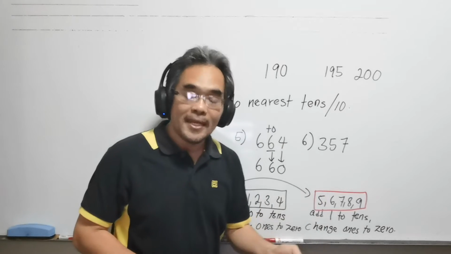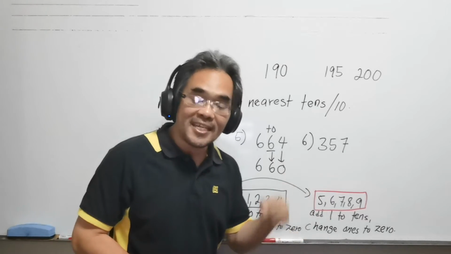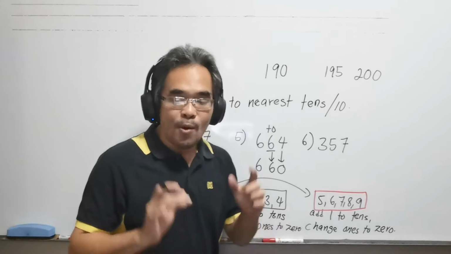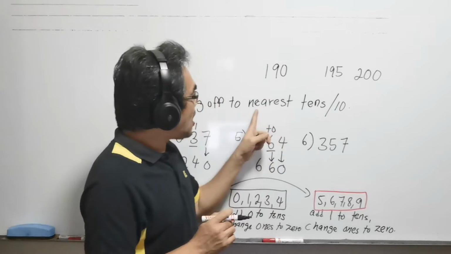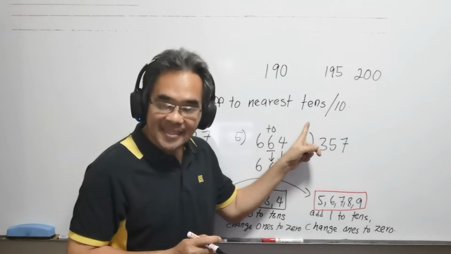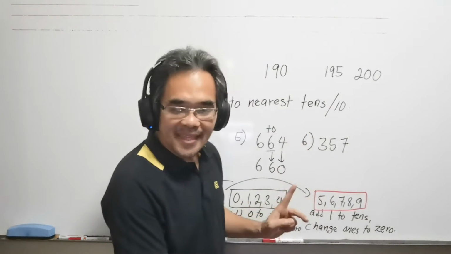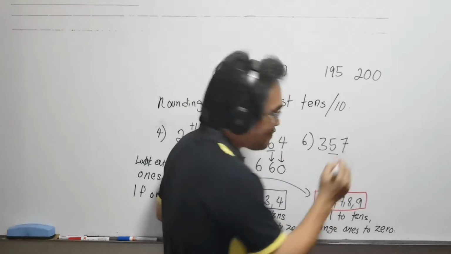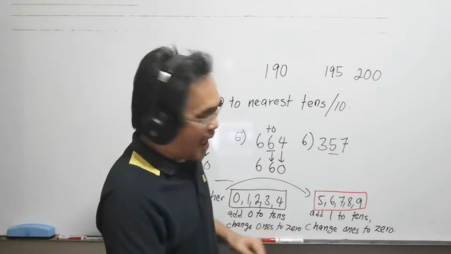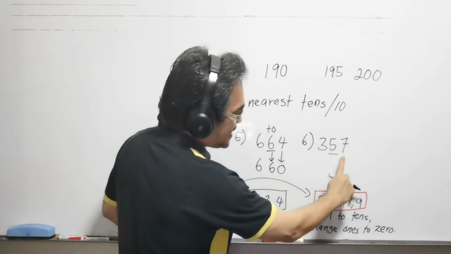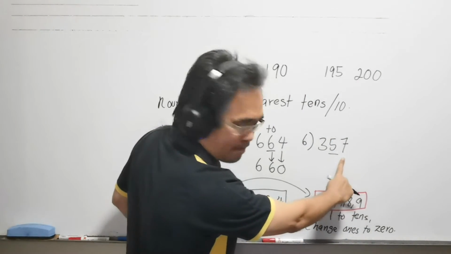Okay, so the process for nearest 100 is almost the same. But now I want you to practice rounding off to the nearest tens. So which one represents tens? 5. Okay? And after that, look at the number on the right, which is 7.